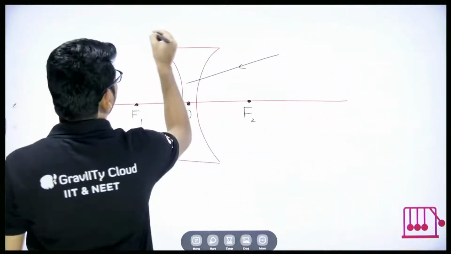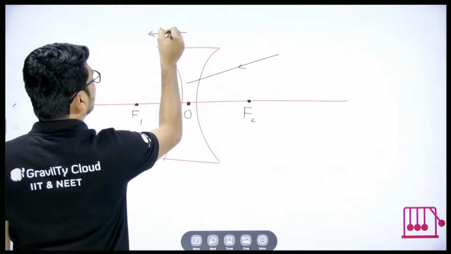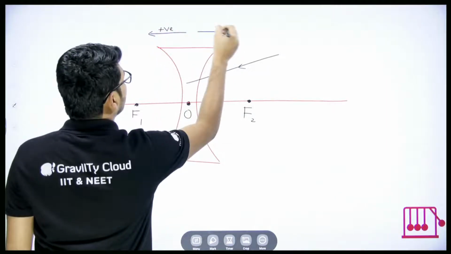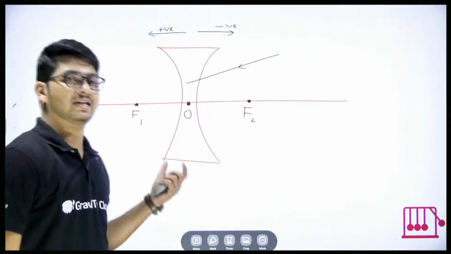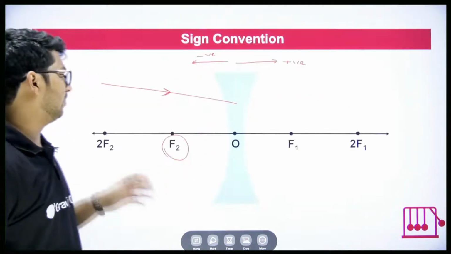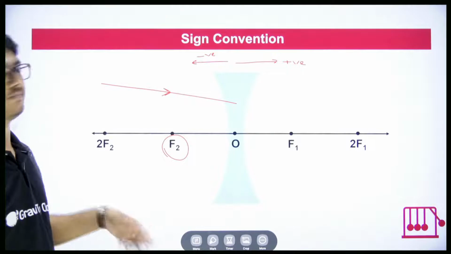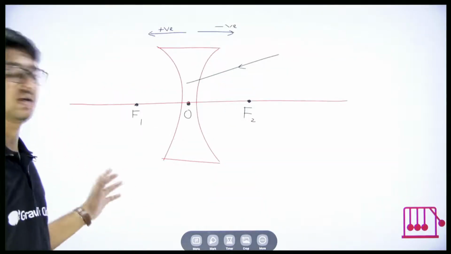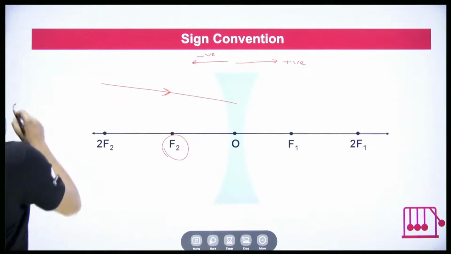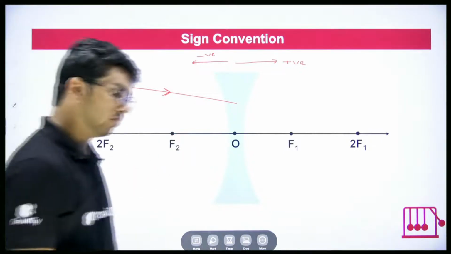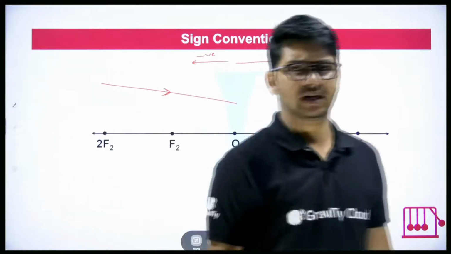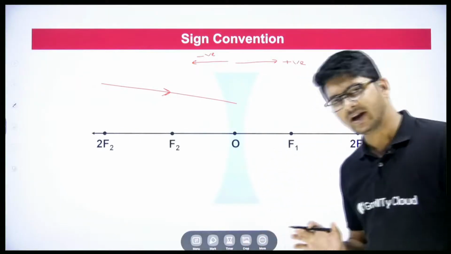So that means left will be positive and right will be negative. And as usual, you will not get this case mostly. Mostly we will be dealing with the other case, but it's better to know things properly. Understood? Even here, upward heights are positive, downward heights are negative. As simple as that.